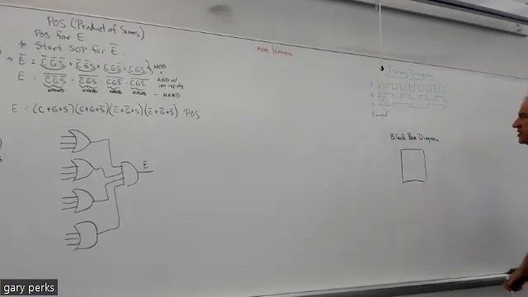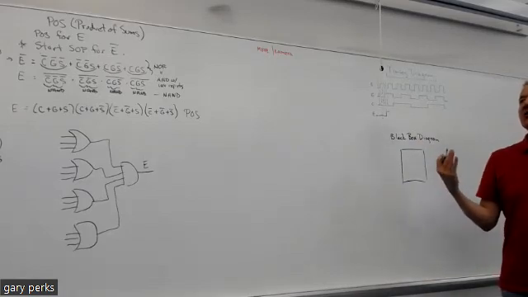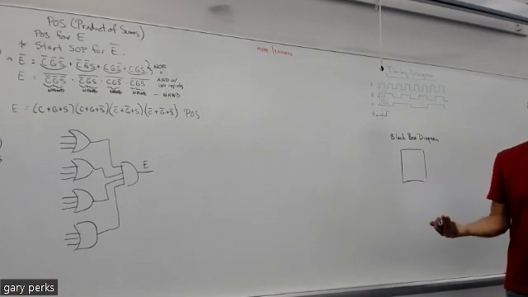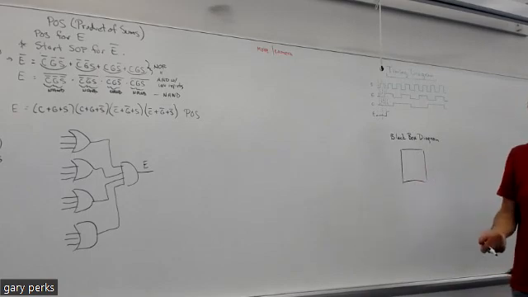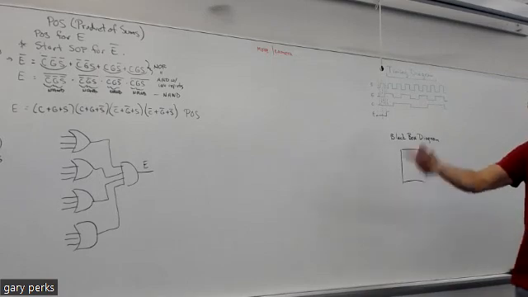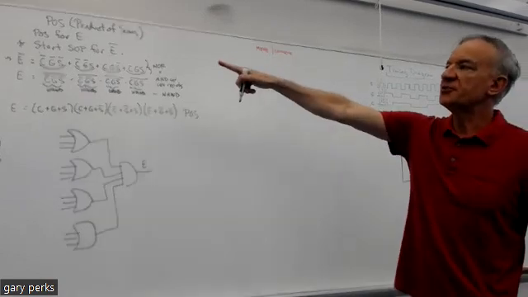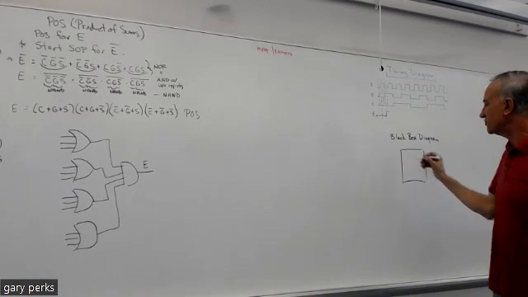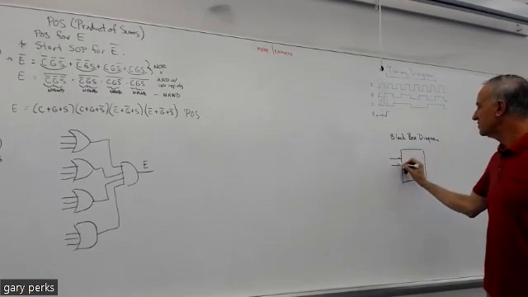Okay, black box diagram, as the name implies, you just have a box, a square. The purpose of the black box diagram is that it shows you the main inputs and the main output or outputs, depending on if you have one or more outputs, for your design. So for this truth table that we did here in class, we just have 3 inputs.